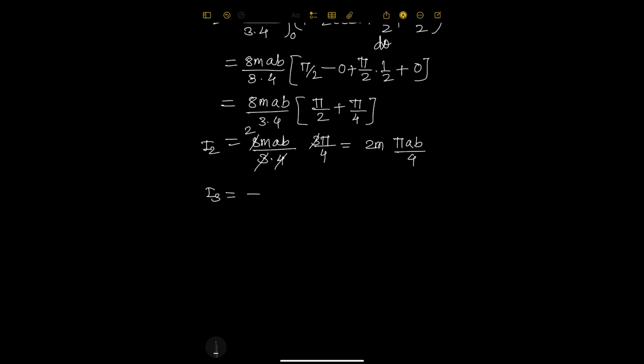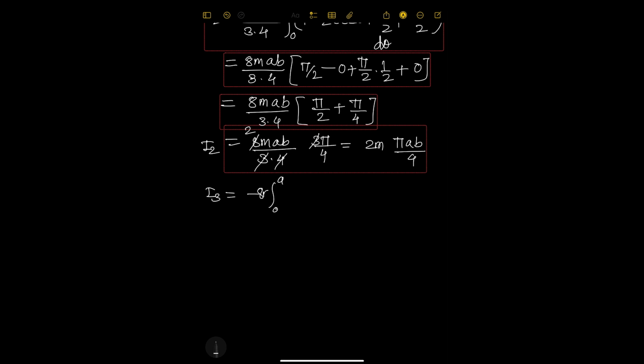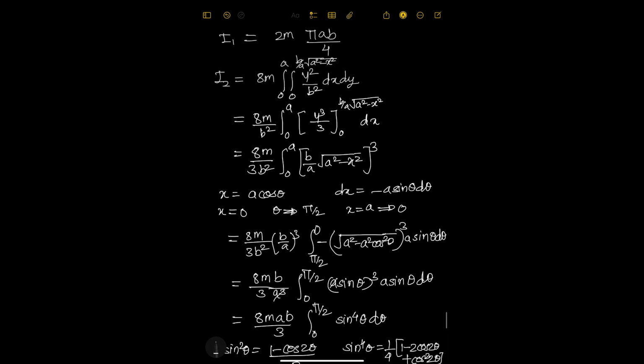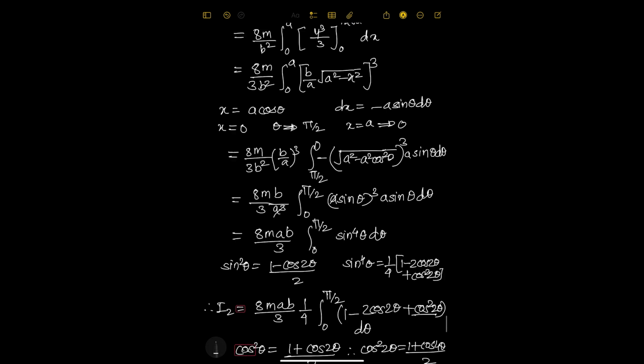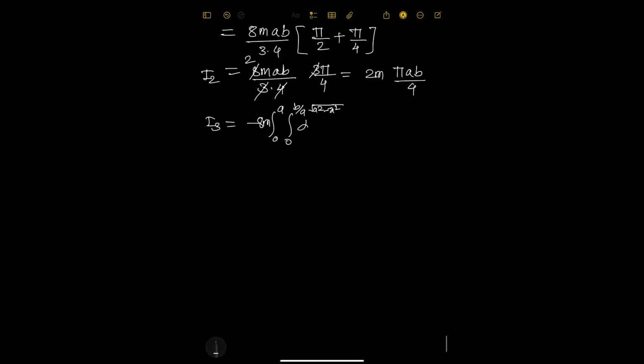Moving to the next integration I3, which is minus 0 to a, 8m, 0 to b by a root a square minus x square, and the integrand is 1, dx dy.